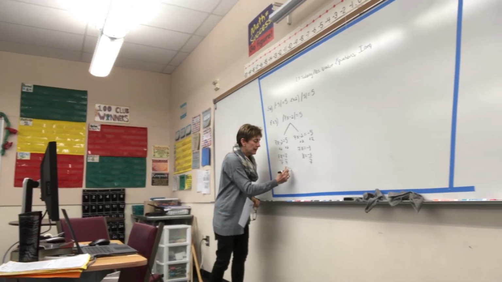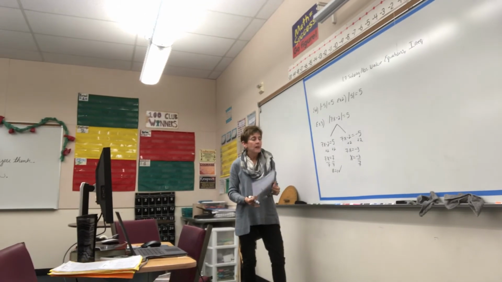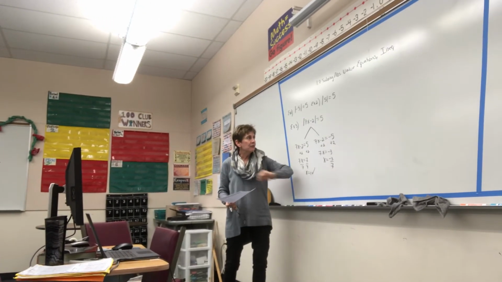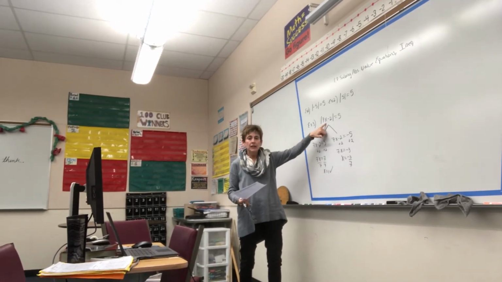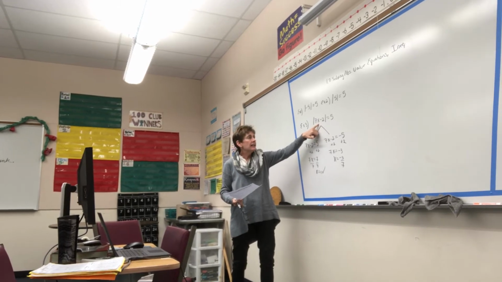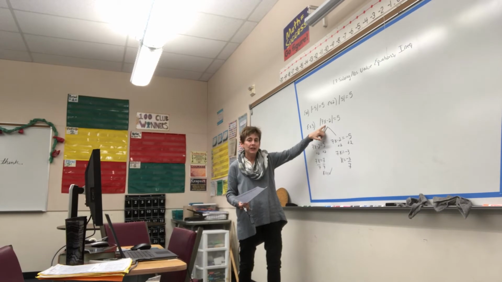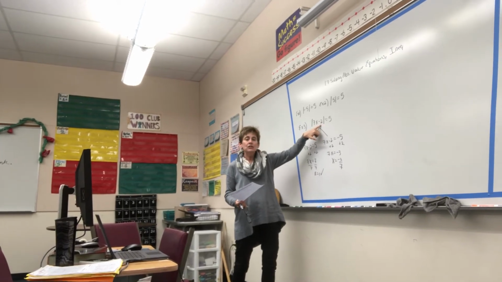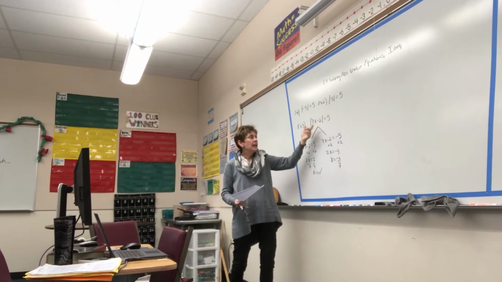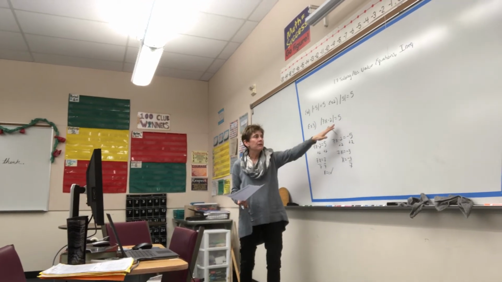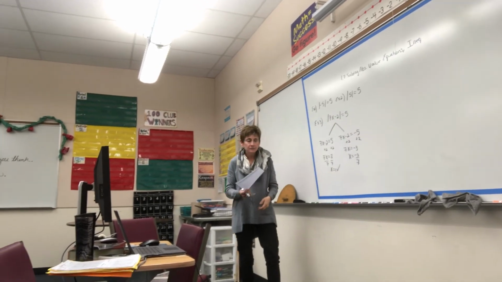That does work, so I can put a check mark there. If I plug in -3/7, 7 times -3/7 gives -3. -3 minus 2 is -5, and again, the absolute value of -5 is positive 5.